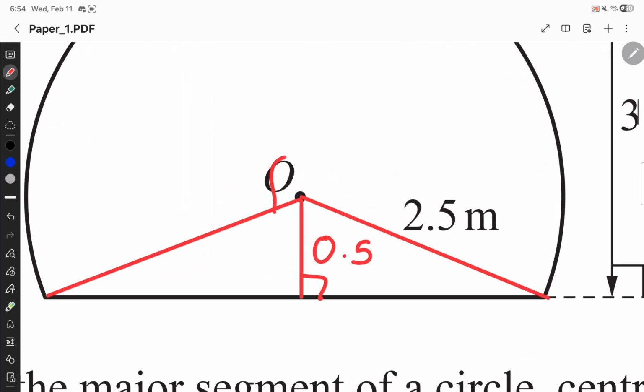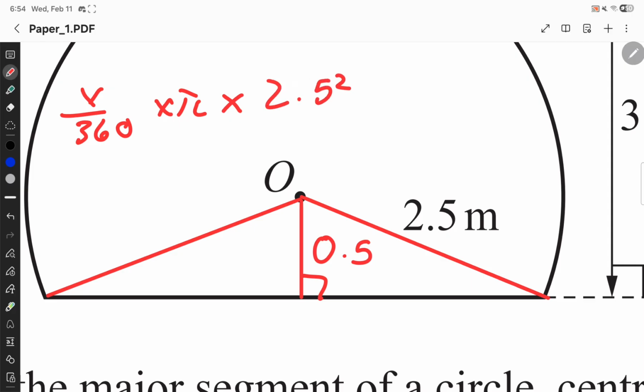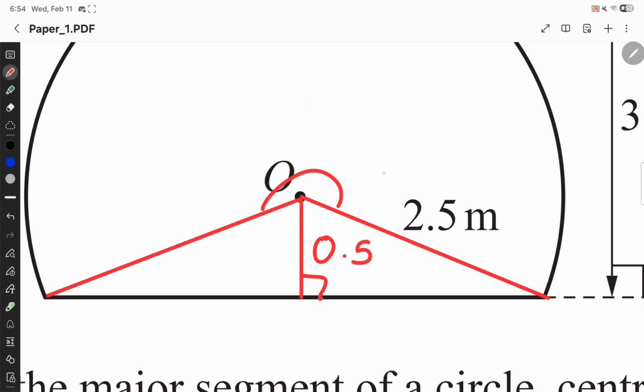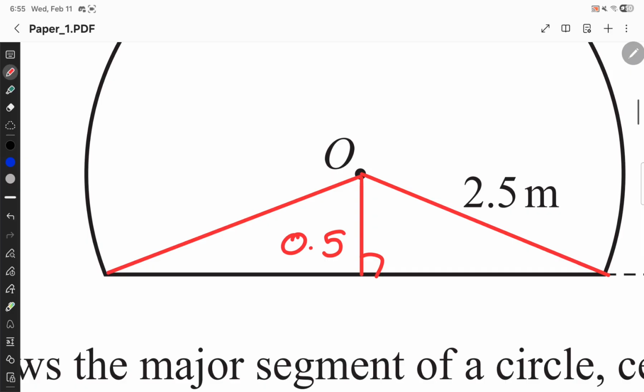first problem of our sector is the angle, since in the formula we have the radius covered, but we do not have the angle covered. For this angle, we need to find the angle using the help of our triangle, and to do this we can find this angle over here. This is also a congruent triangle, just flipped over, so we have these two angles.